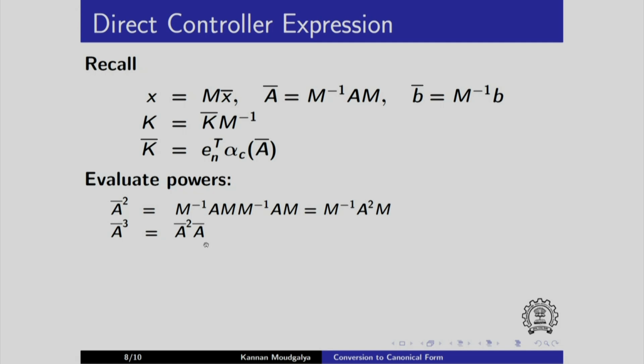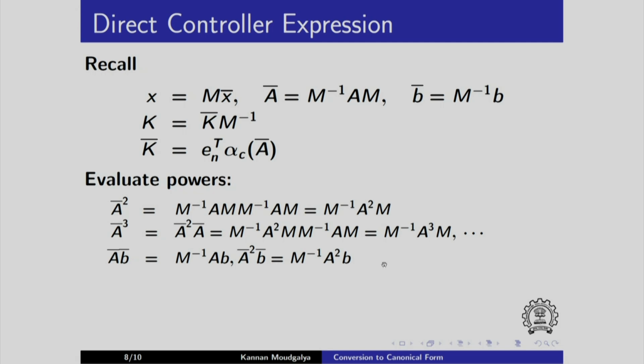Once again we have to do the same thing, a bar squared we write from here times a bar, and it becomes m inverse a cube m. We can continue this and for all powers we get m inverse that power and m. Similarly we can calculate a bar b, which is m inverse ab.